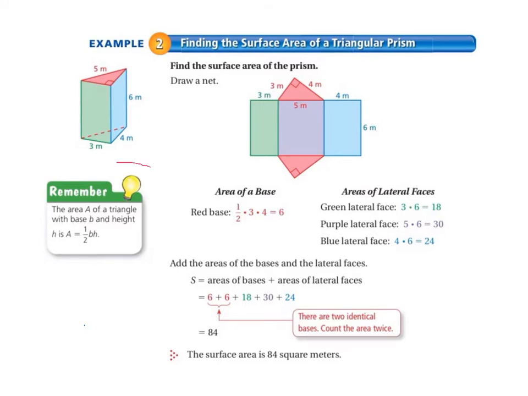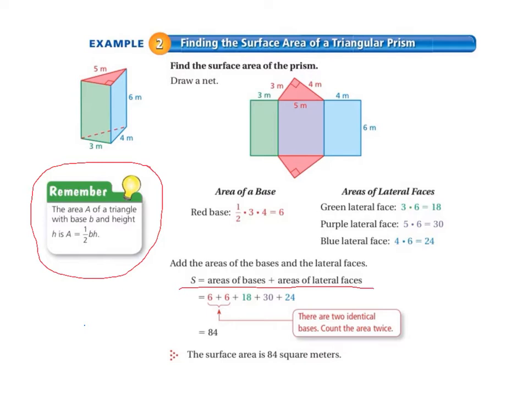So let's look over our remember box over here, and the area of a triangle is 1/2 base times height. So the formula for finding the surface area of a triangular prism is to add the area of the bases and the lateral faces.